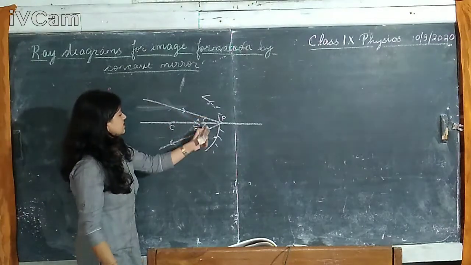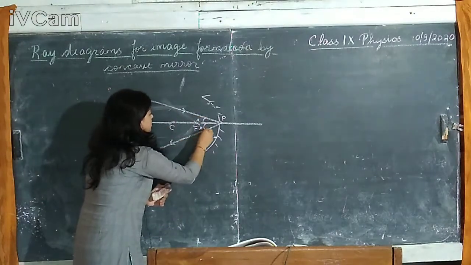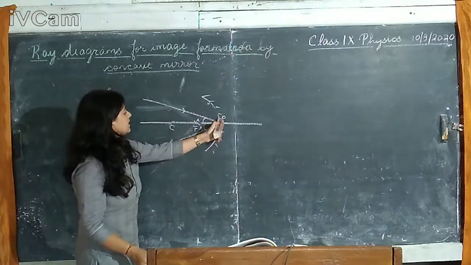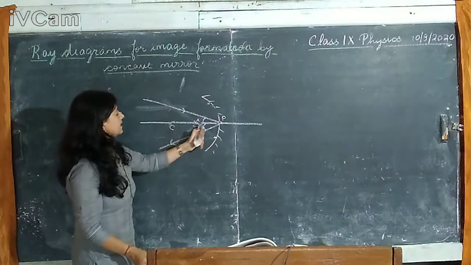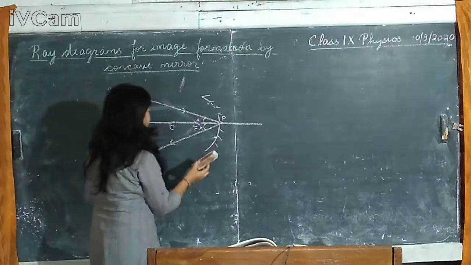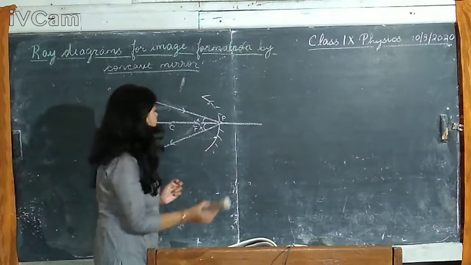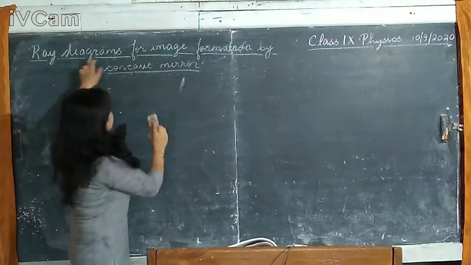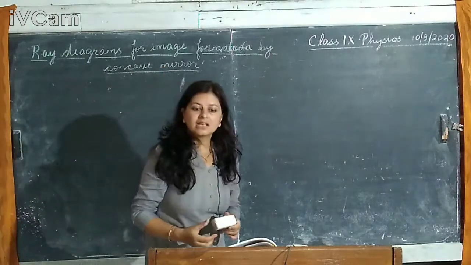Angle of incidence is equal to the angle of reflection. So if a ray strikes the pole with a certain angle, it will reflect back, making an equal angle with the principal axis. So these are the 4 rules which we should keep in mind while we do the ray diagrams for image formation by a concave mirror.